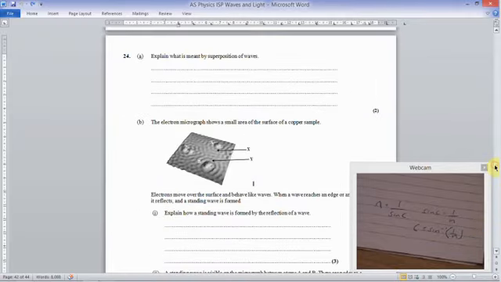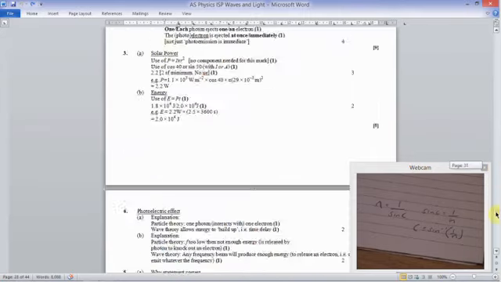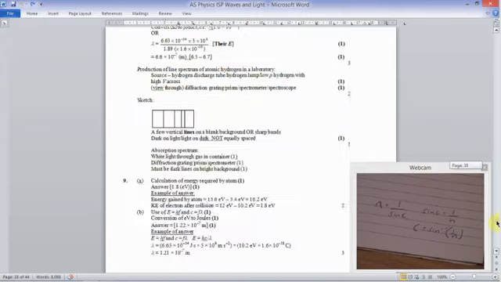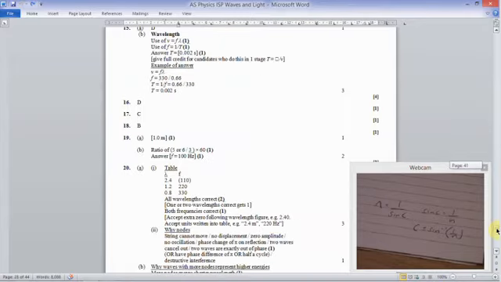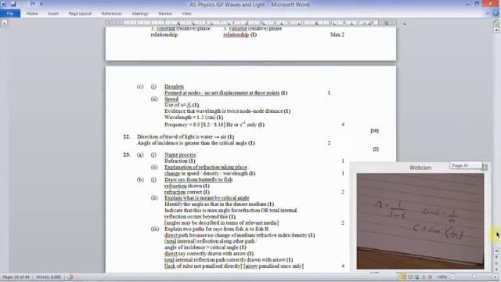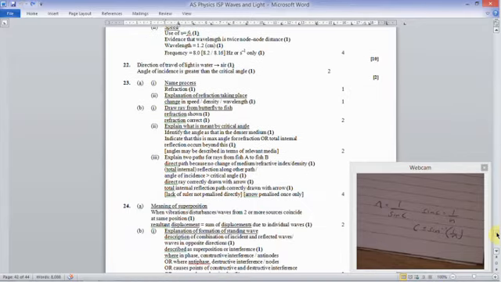Here we go. Explain what is meant by the superposition of waves. Remember, superposition is when waves are adding up, either by constructive or destructive interference, so adding up or taking away. And it's all to do with the amplitude, frequency and wavelength of these waves. Vibrations from 2 waves, or waves from 2 sources, coincide at the same position, so they add up. The resultant displacement is the sum of displacements due to the individual waves.